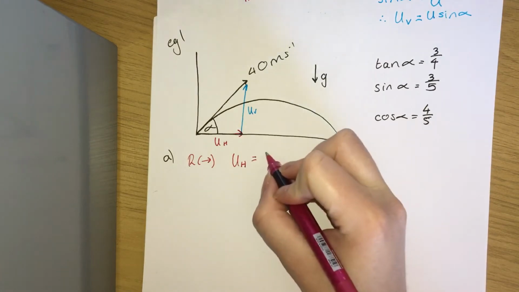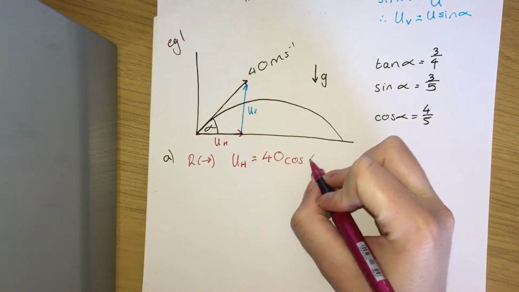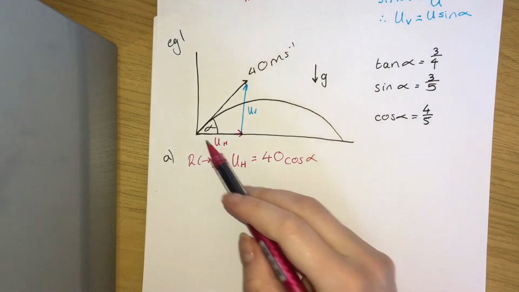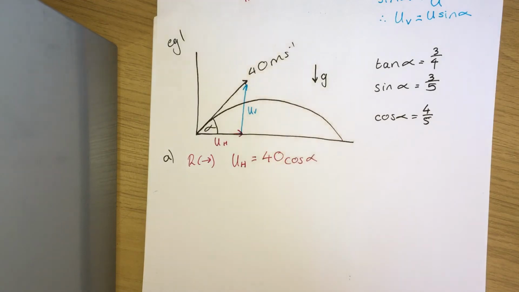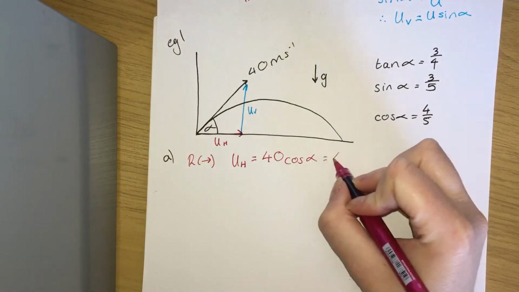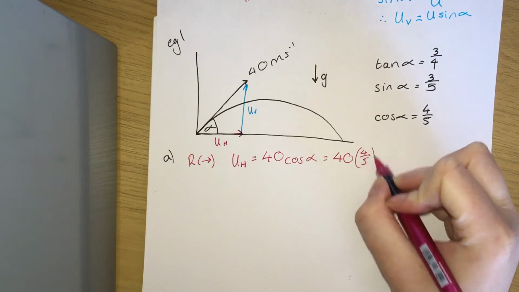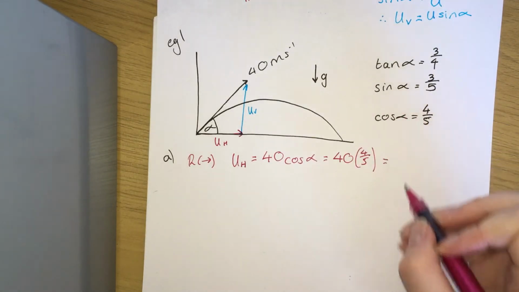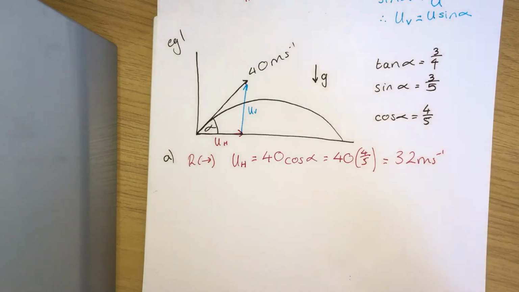So UH is 40 times cos alpha. So 40 multiplied by 4/5 from what we've worked out previously, which is 32 metres per second.